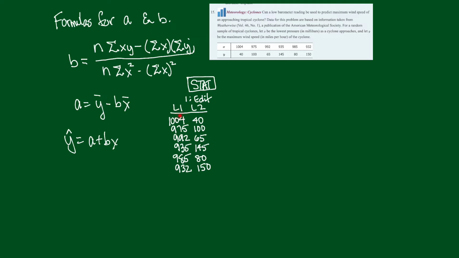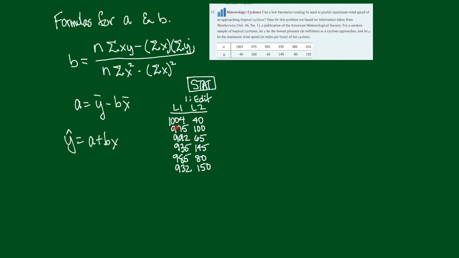Bring your cursor over to L1, use your up arrow, get it on L1, press Clear, and Enter. That will clear all those entries. Then right arrow over to List 2, up arrow to L2, press Clear and Enter. Now arrow back to List 1.